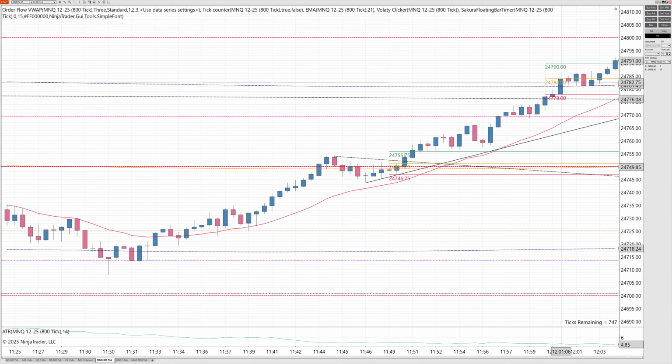So let's look at our results here. We started trading around 9:30 at market open. We avoided a lot of the choppiness, as you could see from the very, very beginning. We stopped trading around noon. We took 13 trades.